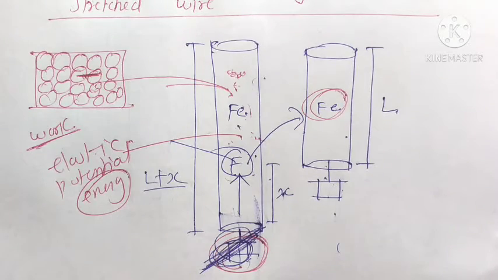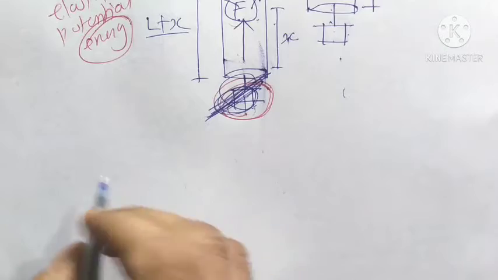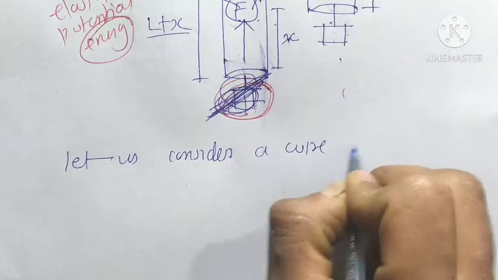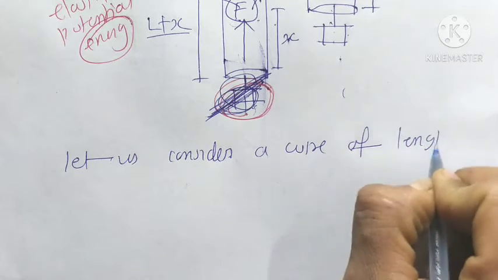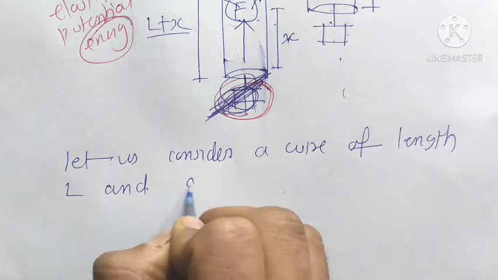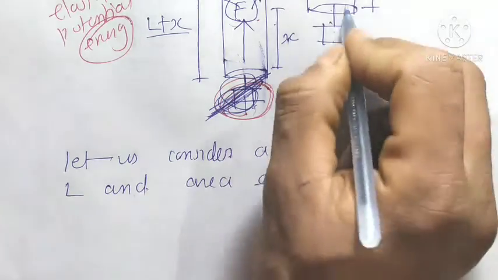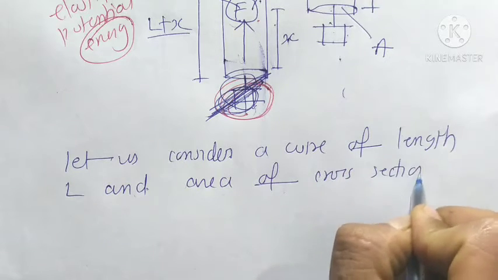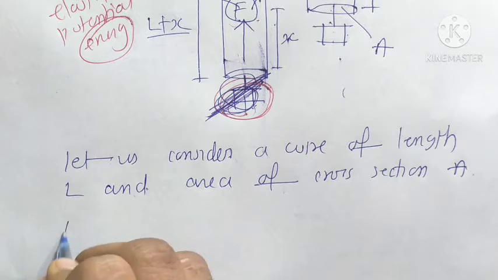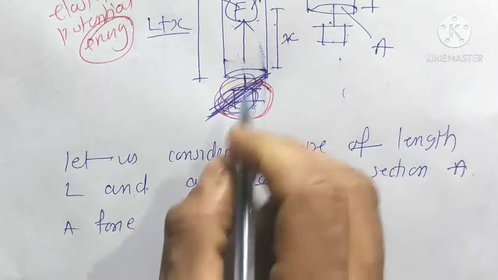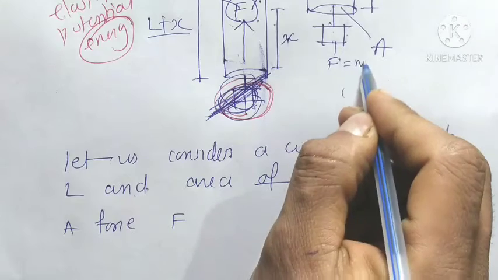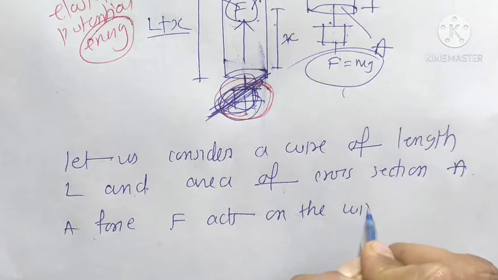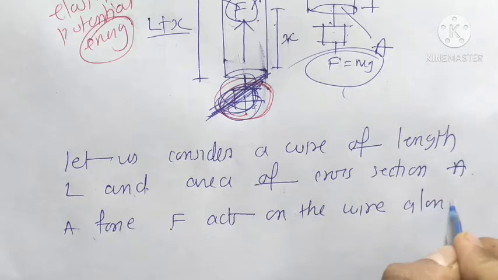So now let us consider a wire of length L and area of cross section A. A force F, which is equal to the weight of this body, acts on the wire along its length.